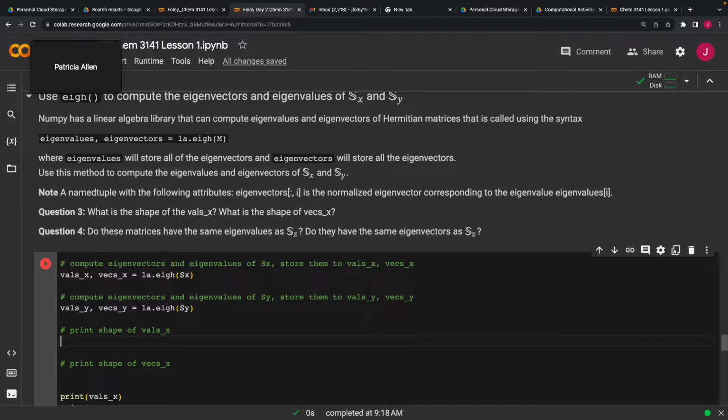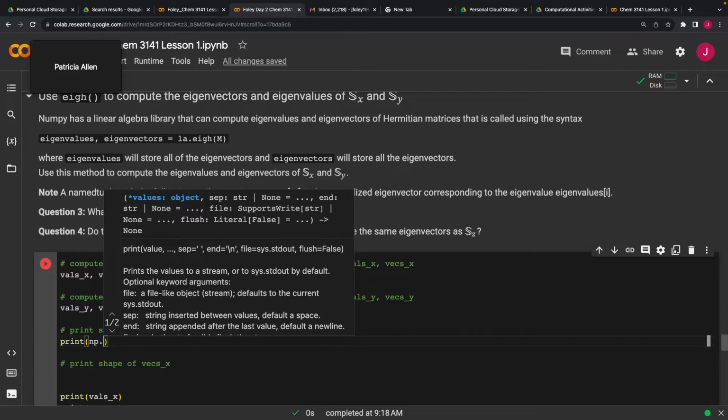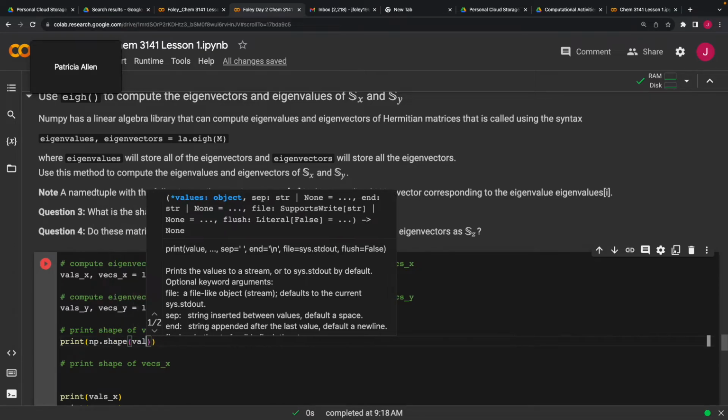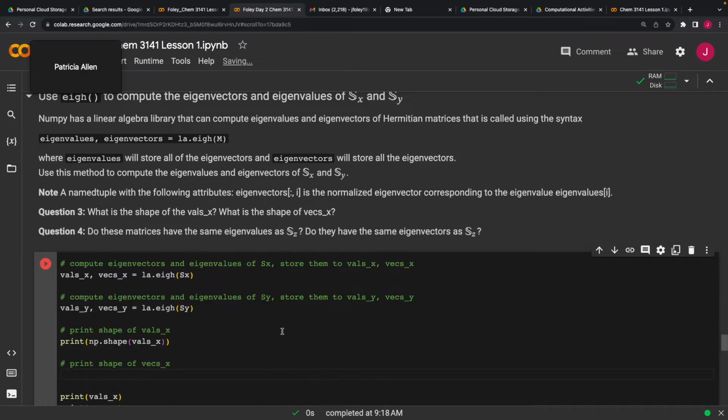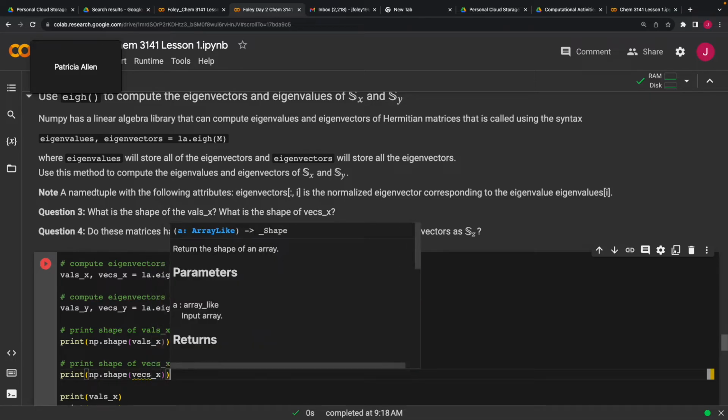How do I print the shape? Anybody remember? Yes. Print np.shape of vals x. Print np.shape of vex x.